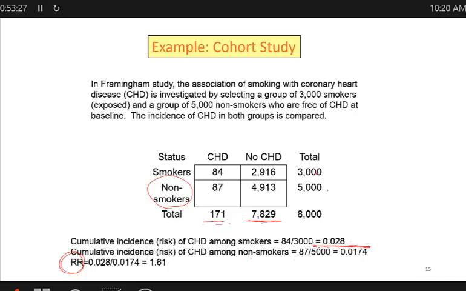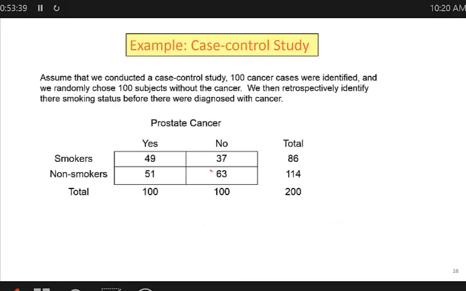So in a cohort study, since you're starting with exposure and then you count how many develop the outcome, you can compute risk. In contrast, in a case control study, the outcome is prostate cancer, and you have 100 patients with prostate cancer and 100 patients without, and you can't really say, as I said before, 50% chance of having prostate cancer.